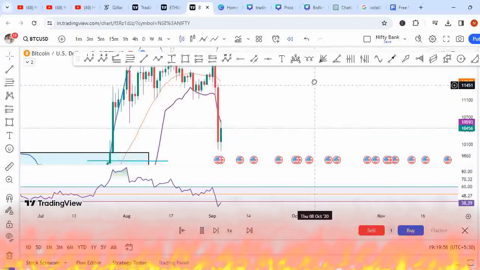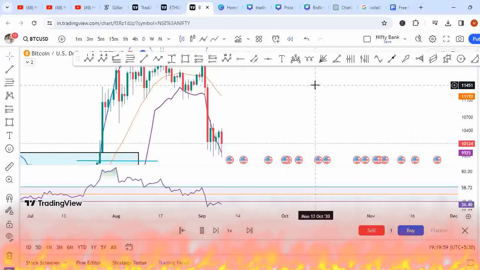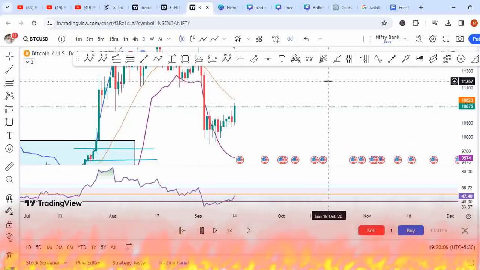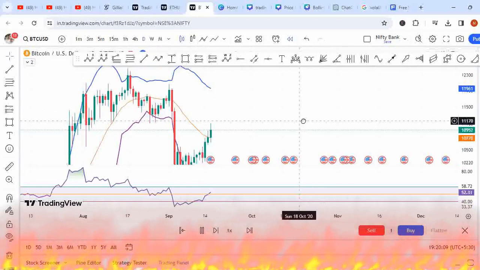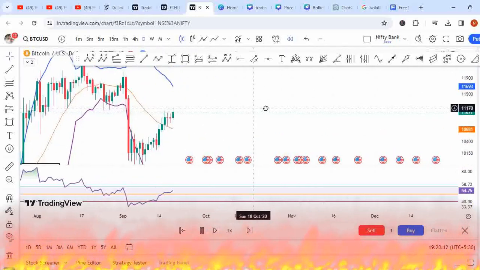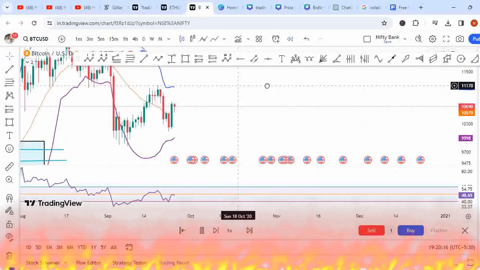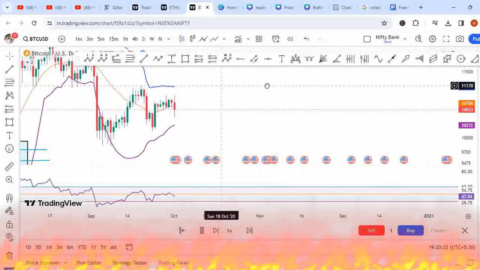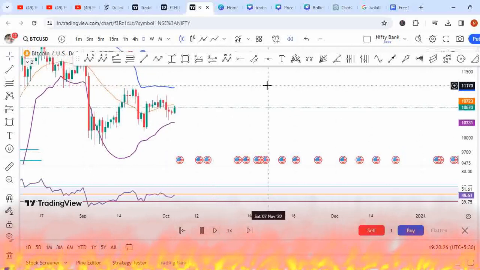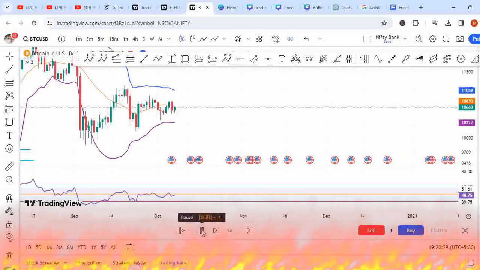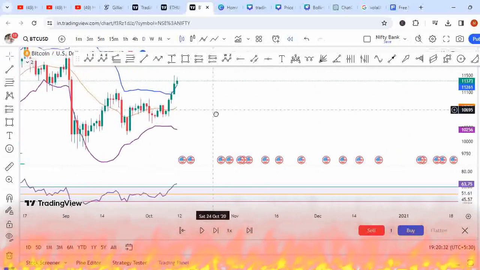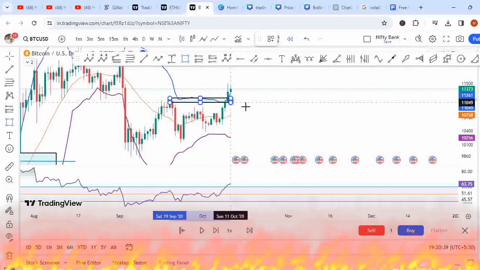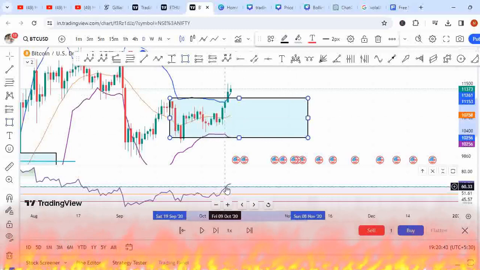Again, we will check for another one. Okay, again you see that here it is under the squeezed contraction of Bollinger Bands, and suddenly RSI went above 60.